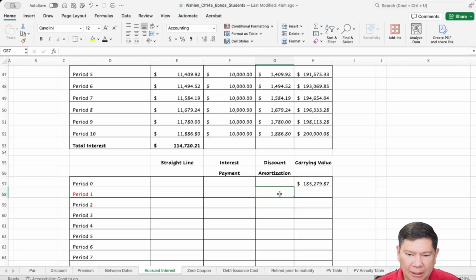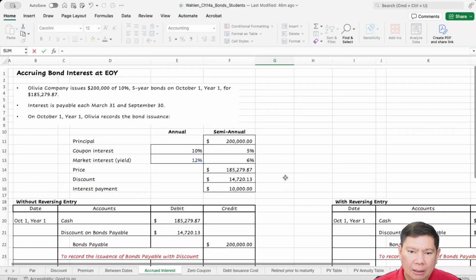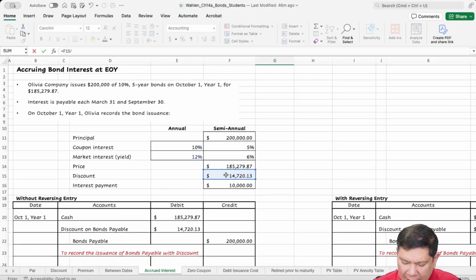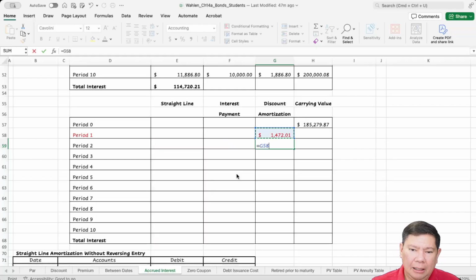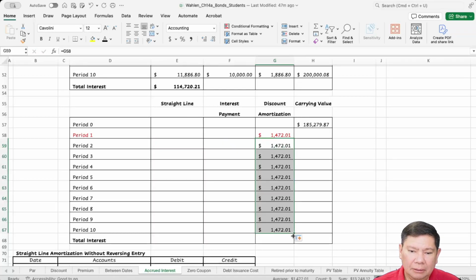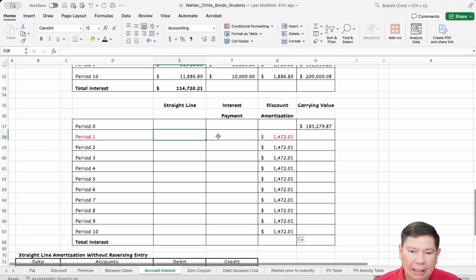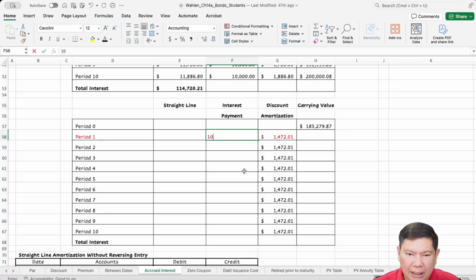Oops, the next one. We just divide that by 10 periods. And it will always be the same because it's a straight line. Okay. Now the interest payment is always $10,000.